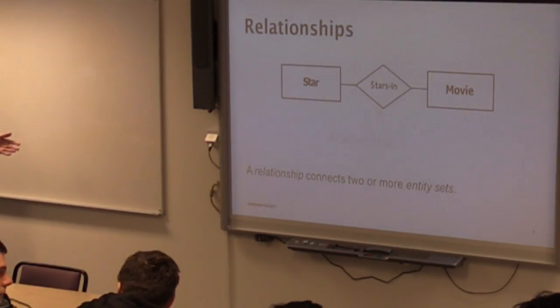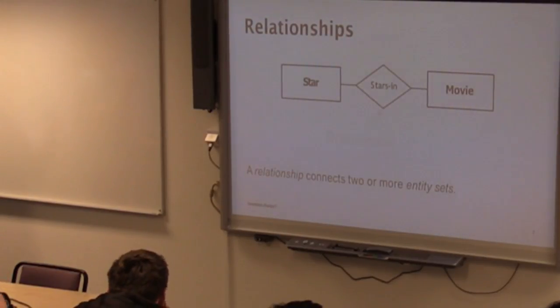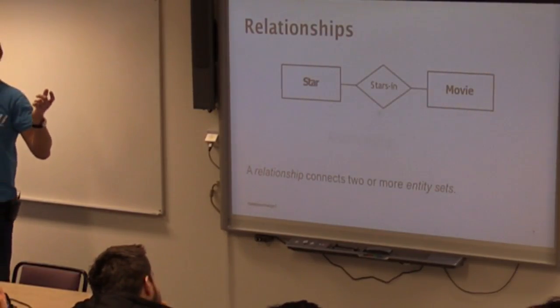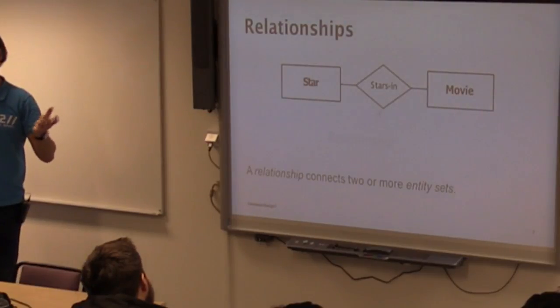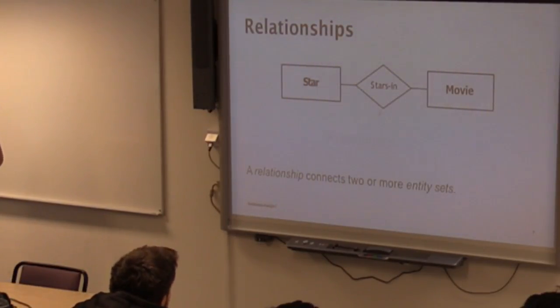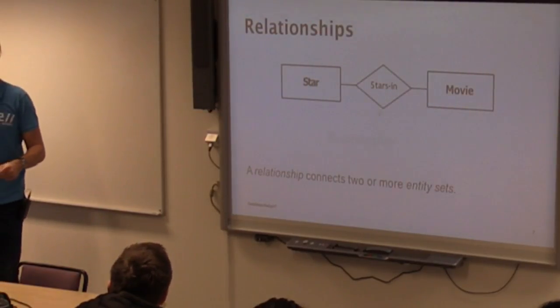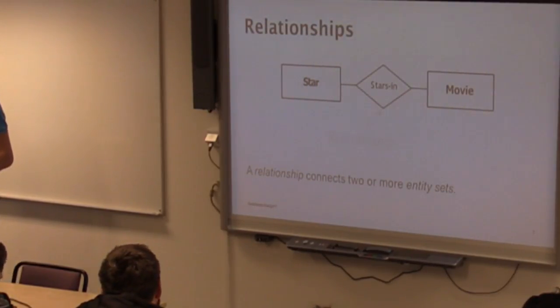But anyway, you found your entities, you feel quite happy, and then you try to figure out how these entities relate to each other. And as soon as you find a relationship between two entities, you just draw a line between those two.